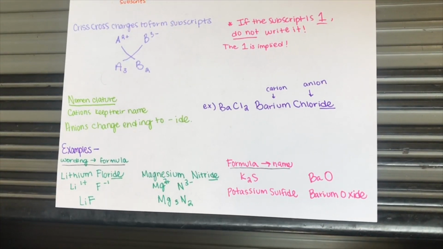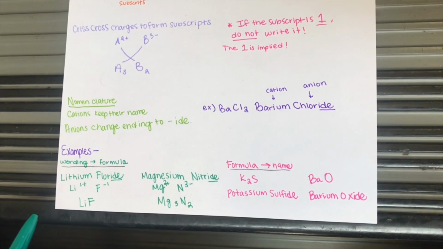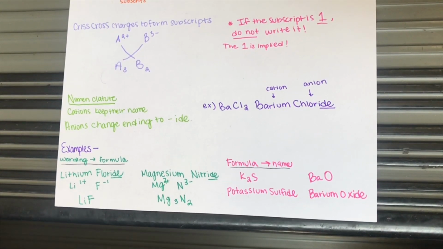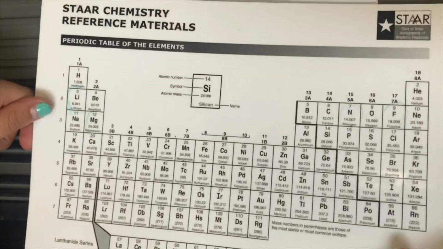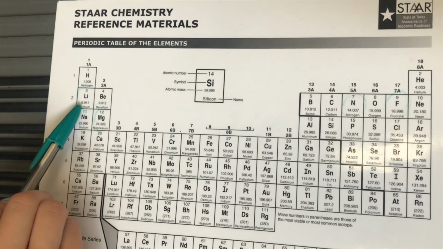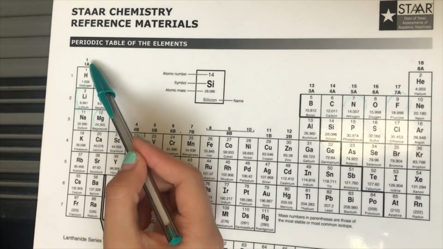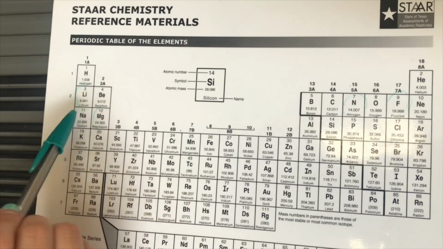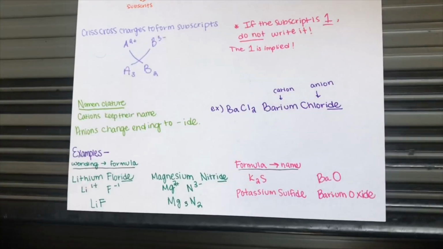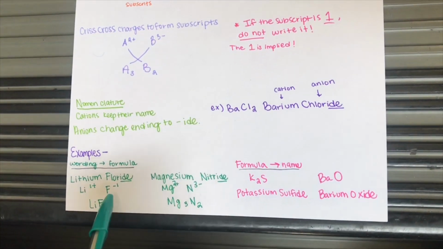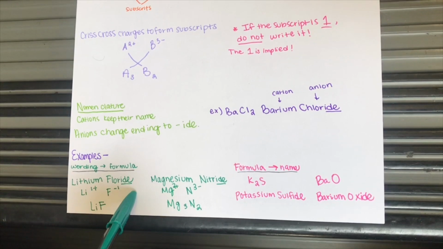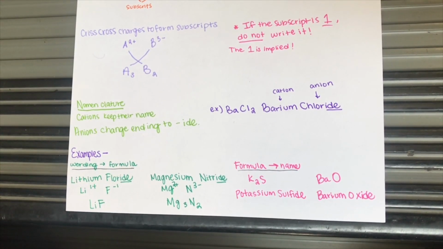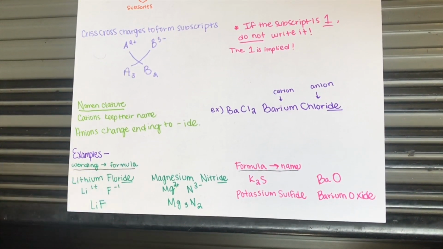Li stands for lithium, and it has a positive charge of 1. In the periodic table, lithium has 1 valence electron, and that's why it has a charge of 1. F stands for fluoride, or more like fluorine.